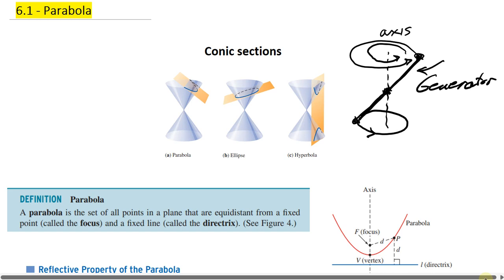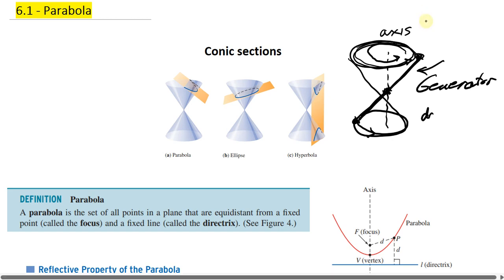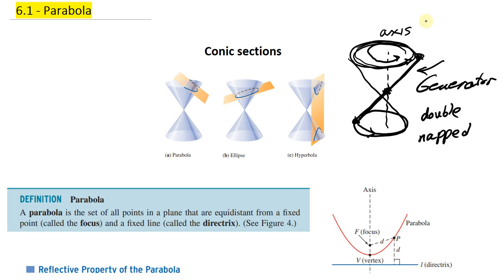It doesn't matter. As a result of this rotation around the axis, we're going to get what we call a double-napped cone. So let me write that for you. It's called a double-napped cone. So, for example, in this drawing, you'll see that's the upper nap, and of course below it is the lower nap of a double-napped cone.